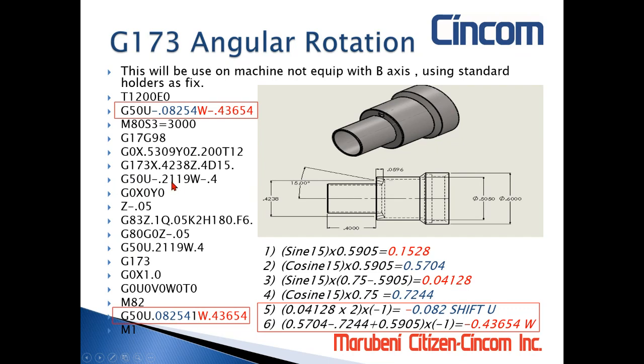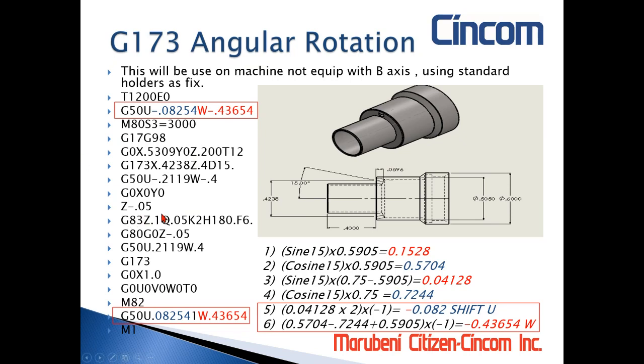So this G50 is making that a radial, my desired angle, or radial X. So after here, then we will start fitting into the part, like on my real angle plane.